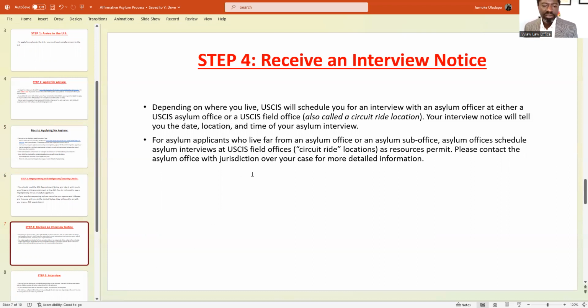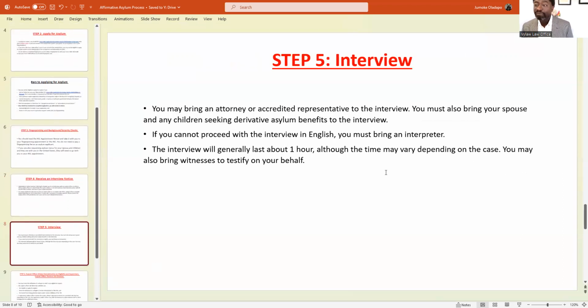For asylum applicants who live far from an asylum office or an asylum sub-hub, asylum offices schedule asylum interviews at USCIS field offices, circuit ride locations. As resources permit, please contact the asylum office with jurisdiction over your case for more detailed information about the scheduling of your interview.